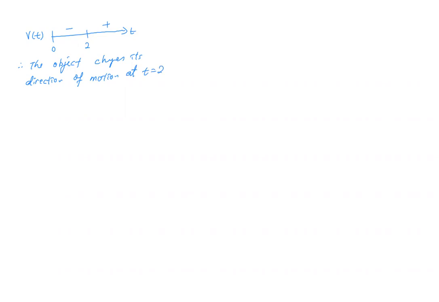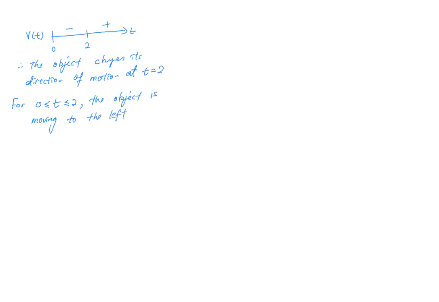Based on this velocity sign diagram, I also can make some conclusions. For t between 0 and 2, the object is moving to the left.